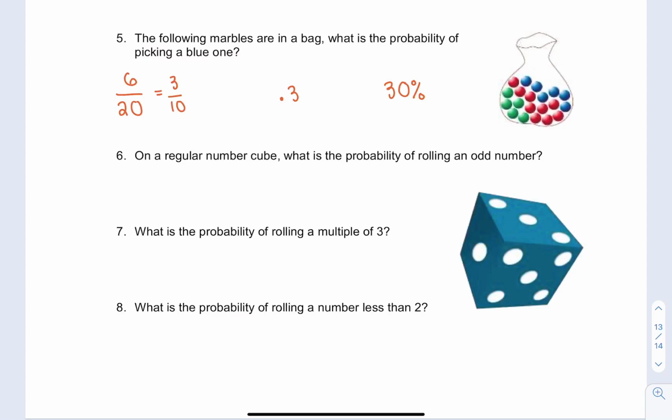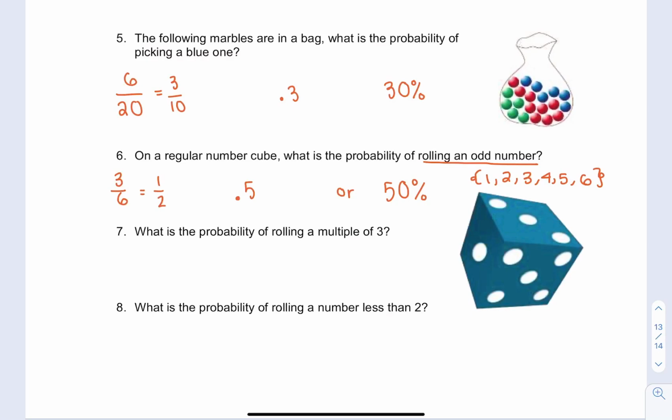On a regular number cube, what is the probability of rolling an odd number? Well, if we think of the sample space, we've got 1, 2, 3, 4, 5, 6. That means there are 3 out of 6 odd numbers, or 1/2 of them are odd, which is 0.5 or 50%.